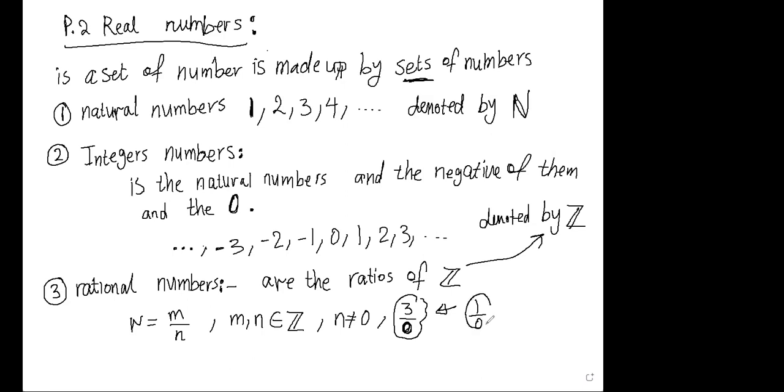This is undefined. This is an undefined number. That's why n here must be not equal to 0. So here, both m and n are integer numbers, and n is not equal to 0.